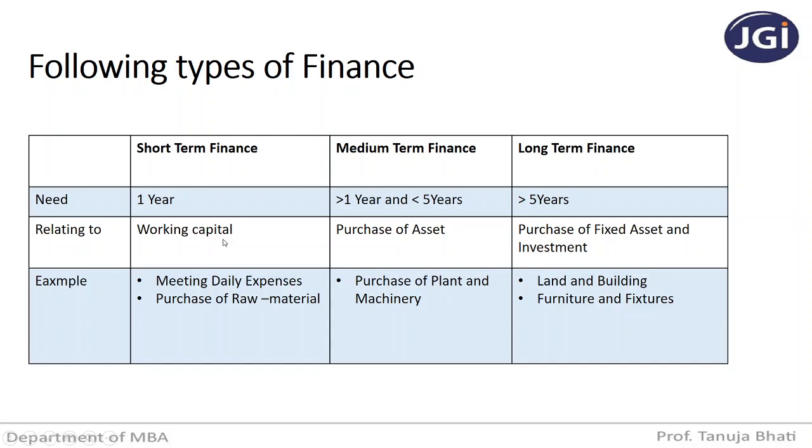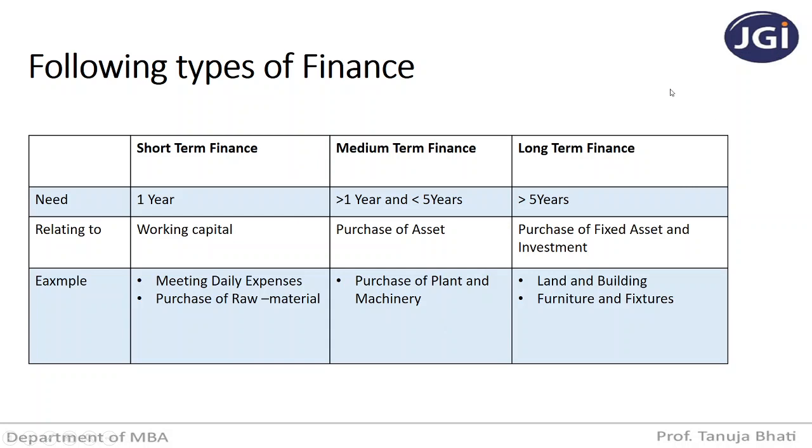Now, why is a short-term finance required by the company? It is required by the company in order to meet the working capital needs. Why is a medium-term finance required by the company? It is required by the company in order to purchase an asset. And why is long-term finance required by the company?